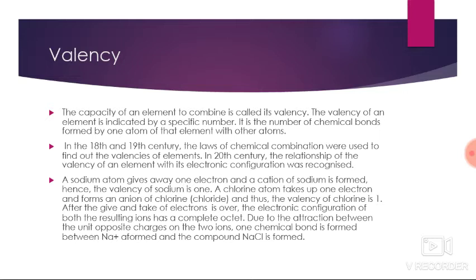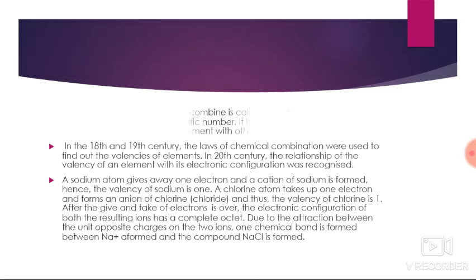How many electrons it gives or takes is the valency of that element. Sodium is giving one electron, so the valency of sodium becomes 1. In the same way, chlorine's valency also becomes 1 because it is accepting 1 electron. So this is the valency.